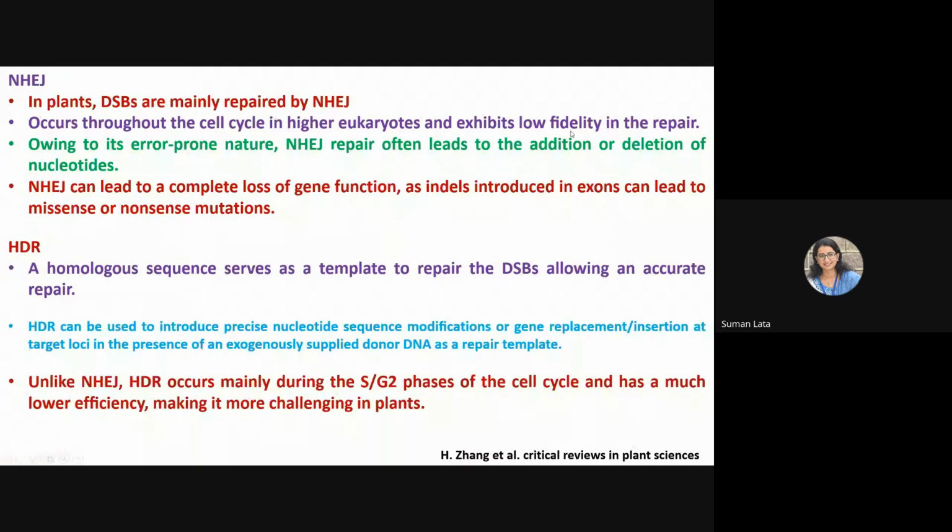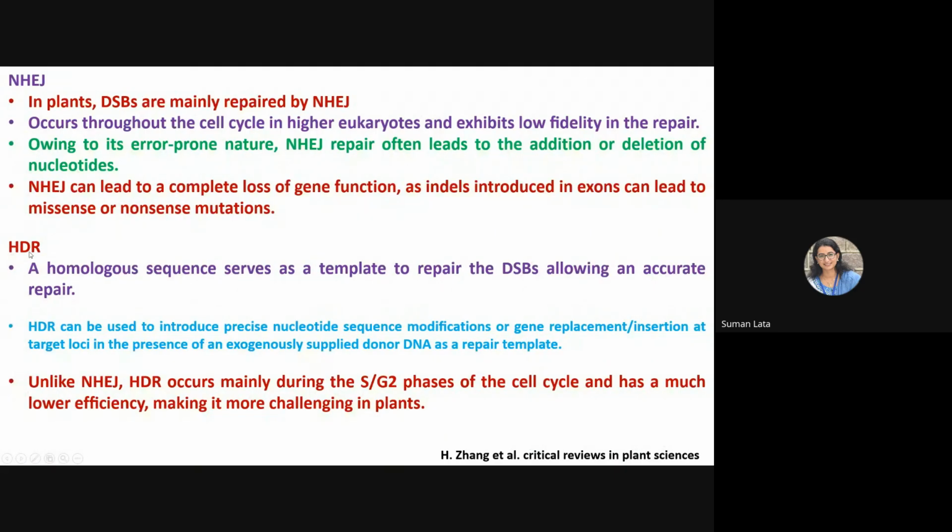When the repair is being done, some incorrect nucleotides are also incorporated. Due to the error-prone nature of the NHEJ repair mechanism, there can be insertion or deletion of nucleotides. So NHEJ sometimes leads to complete loss of gene function, or insertions and deletions are introduced in the exons, which leads to missense or nonsense mutations.